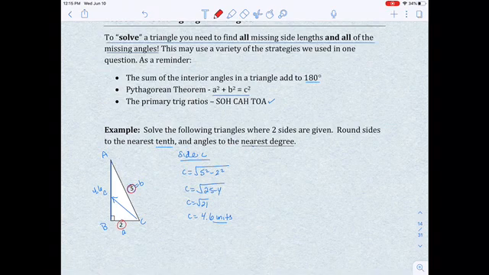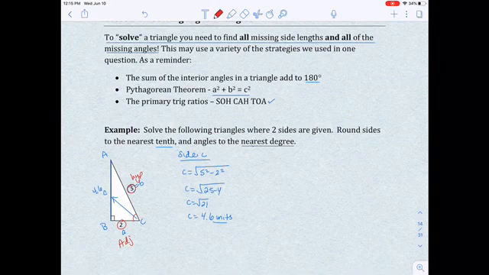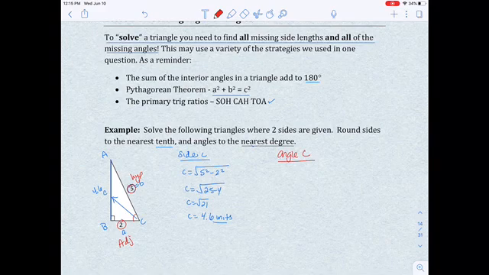So the 2 and the 5, that would be our adjacent side with respect to angle C, and our hypotenuse. So I want to use the cosine ratio. So in order to find angle C, which is my big capital angle C, I'm going to set up the cosine ratio, which would be the cosine of C is the adjacent over the hypotenuse. And my adjacent side would be 2, and our hypotenuse would be 5.